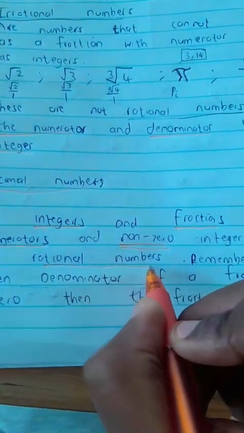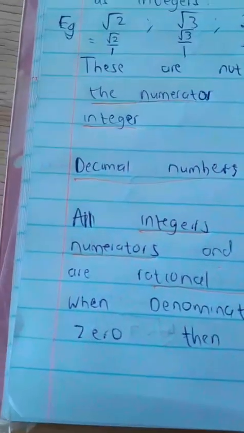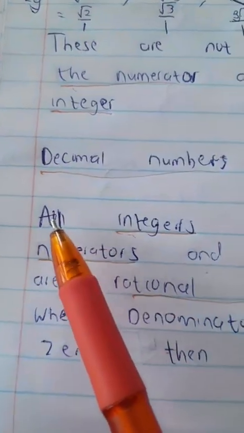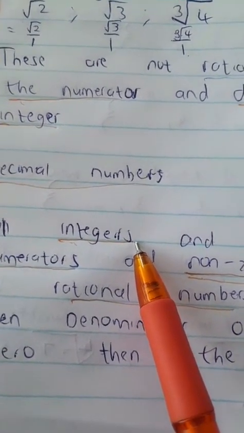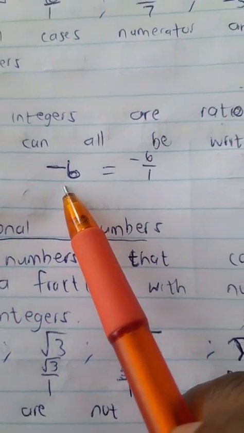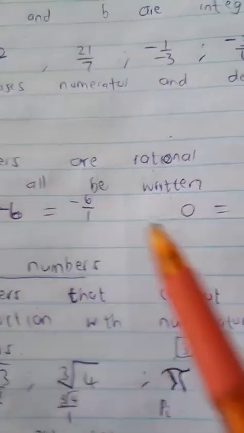I hope we are together here. One more time. All integers. We know that all integers are rational numbers, right? We looked at examples: -6 is an integer, but it can be written as -6 over 1. 0 can be written as 0 over 1. 7 is 7 over 1. These are all integers.